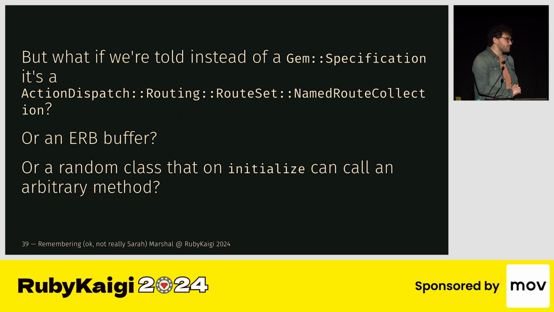Now, what would happen if in that document, instead of being told we have a gem specification, we have something like, just throwing a random class out there, an ActionDispatch::Routing::RouteSet::NamedRouteCollection, or an ERB buffer, or a random class that someone wrote that when you call initialize on it will call arbitrary methods on a class based on what instance variables are set on it.